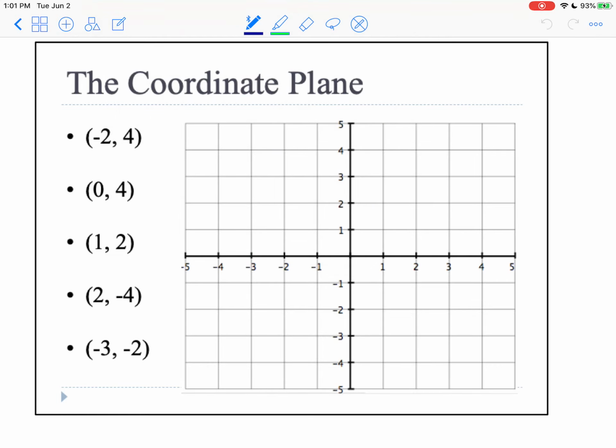Well, this is how we would label any graph that we come across. We would label the x-axis, we would label the y-axis, and then we would need a scale. Now here every box is labeled, every line in the horizontal direction is labeled 1, 2, 3, 4, 5, and so on, in the left direction, -1 and -2.